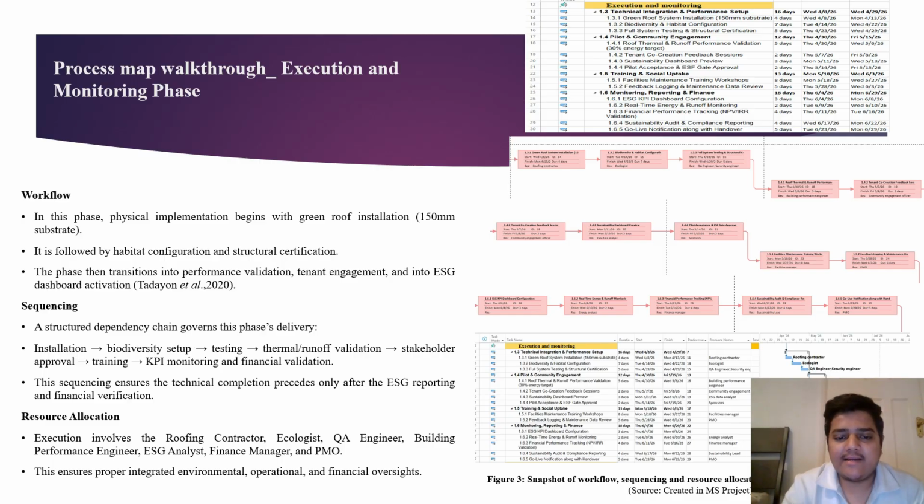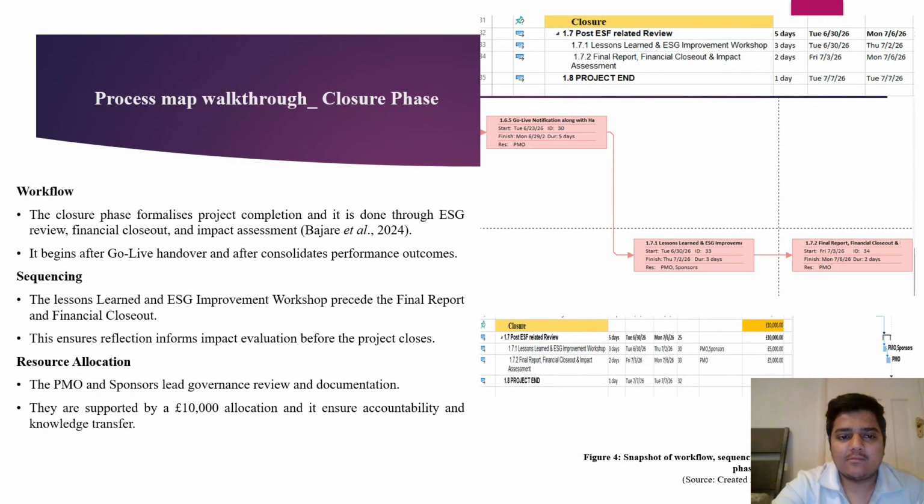My sixth slide is the process map walkthrough for the closure phase. Finally, in the closure phase, the project transitions into governance and reflection. This includes a lessons learned workshop. This takes place before the final financial closeout and the impact assessment.